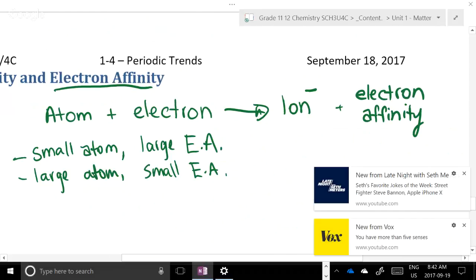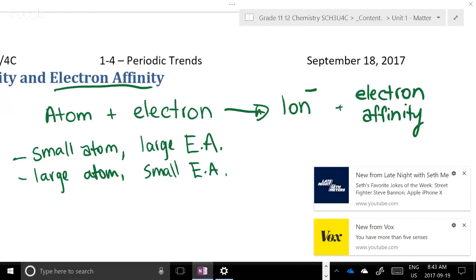On the other hand, is something really, really huge like francium going to get very excited by the addition of one more electron when it already has 87? No. So just like ionization energy, this is the exact opposite of the size trend. Does that make sense? Small atoms, big electron affinity. Big atoms, small electron affinity. Does that basically make sense? Any questions about that?